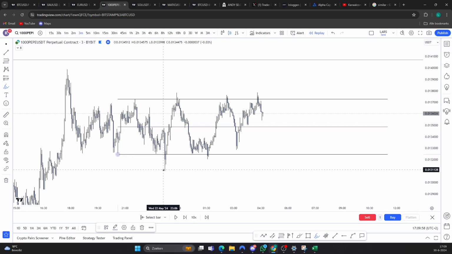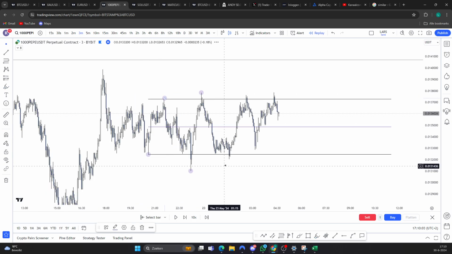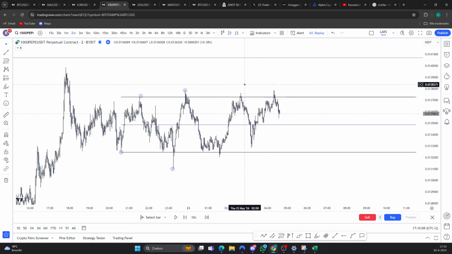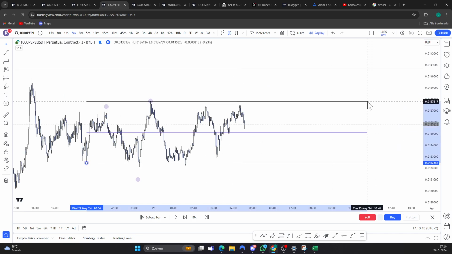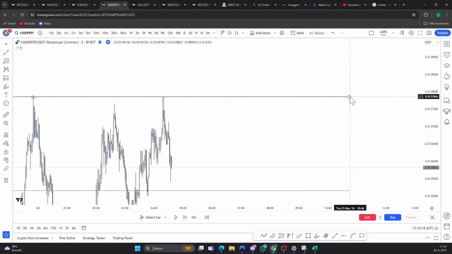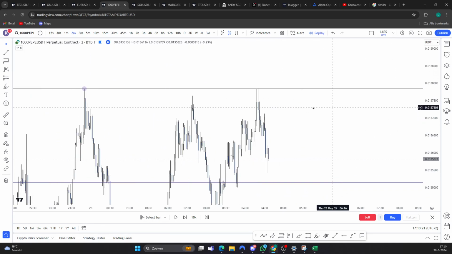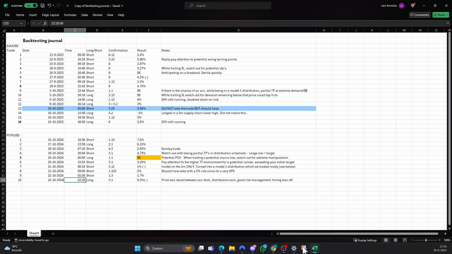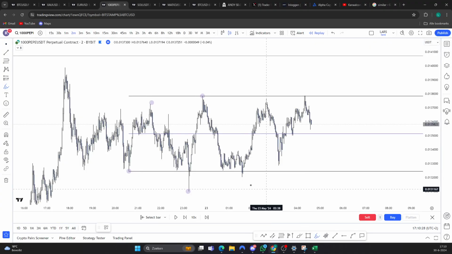Knowing that you have your 1, 2, you have your 1, 2. Did price take out that high? It ever so slightly did. So you had your model 2 accumulation. That broke structure here.